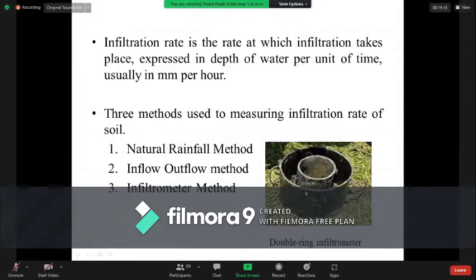In the infiltrometer method, we can use a double ring infiltrometer or a single ring infiltrometer. Mainly we will discuss the double ring infiltrometer. In this picture, you can clearly see there are two rings. That's why it's called a double ring infiltrometer. No need to draw this picture now. I'll show the detailed picture, then at that time you can draw it.